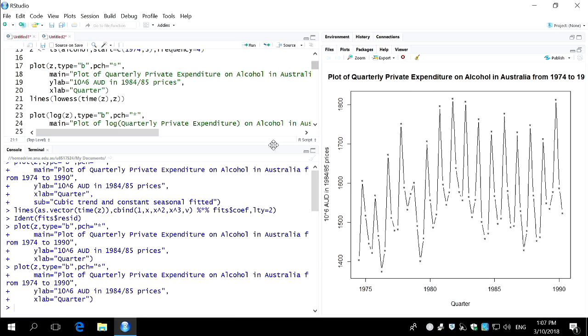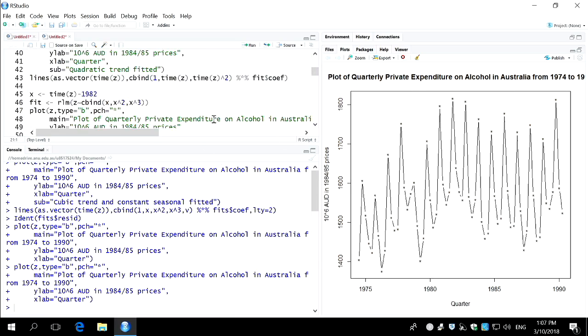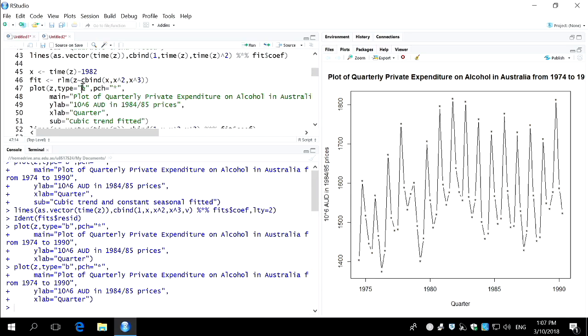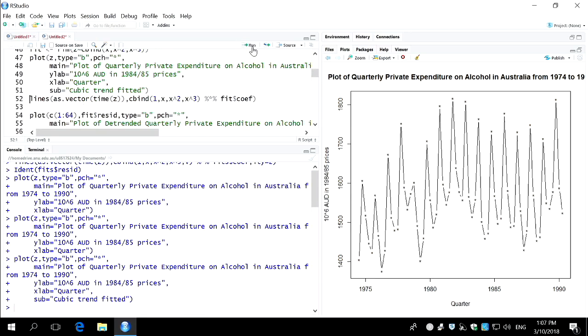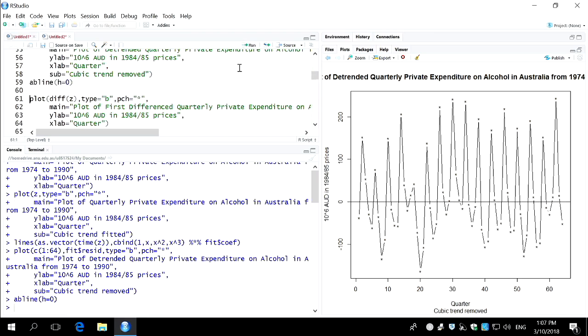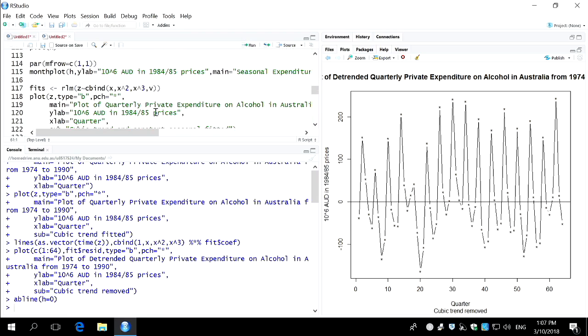So we went ahead and we fit a trend seasonal model, a cubic trend plus a constant seasonal, and then we got the residuals from that and plotted them.